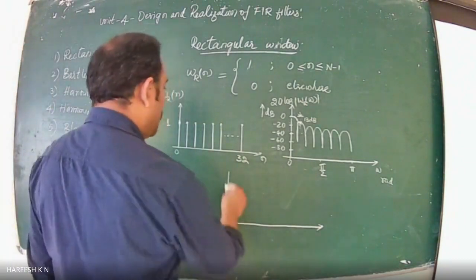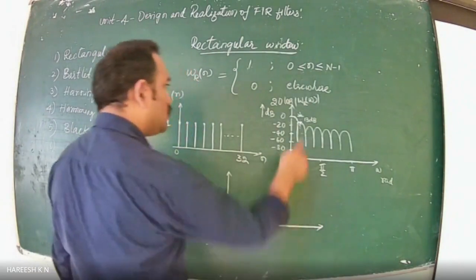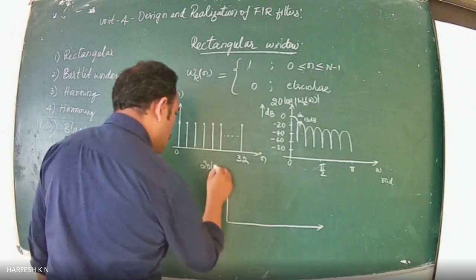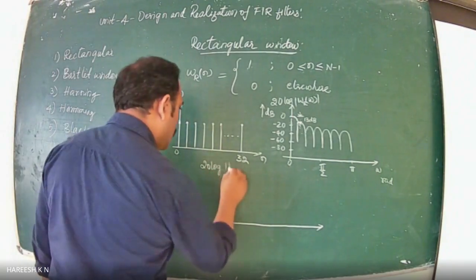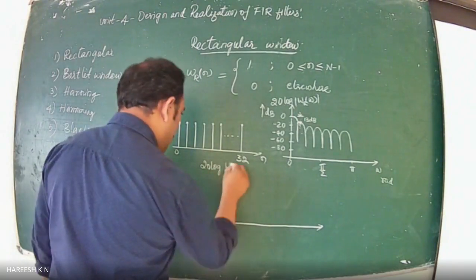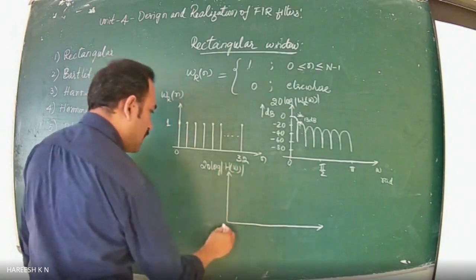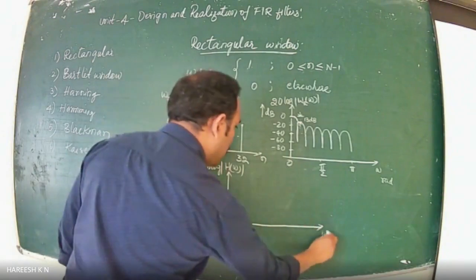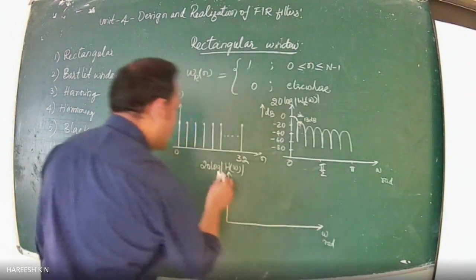The magnitude frequency response designed by using the rectangular window will be as such, also measured in decibels: 20 log of magnitude of H of omega, with omega in radians and the response in dB.